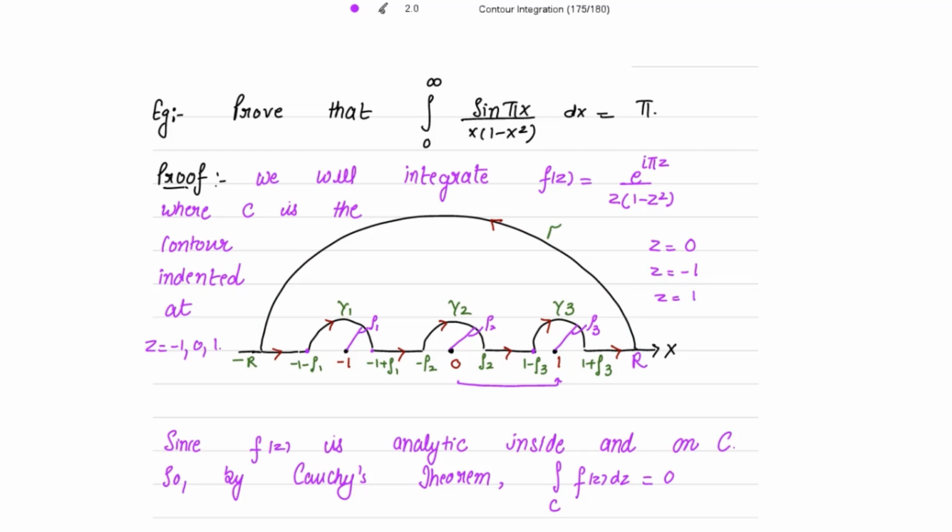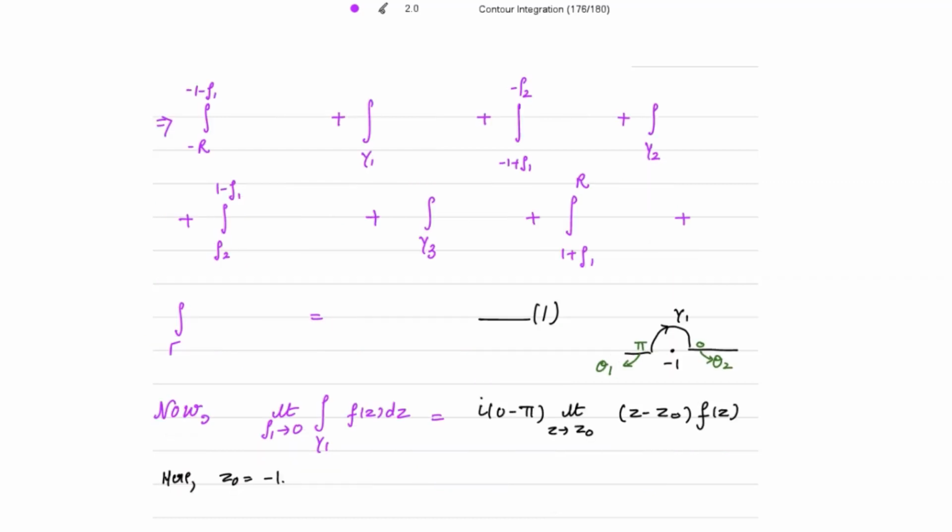Only along the real axis we write the function in terms of x. So I have mentioned all the integrals. Because it is on the real axis, I must write f of x dx. Along gamma 1, this is your curve, so write f(z) dz.